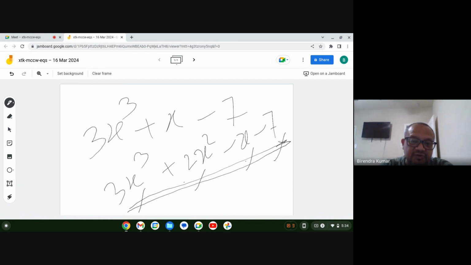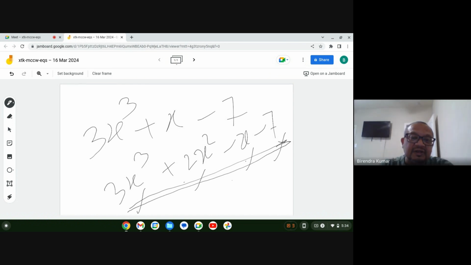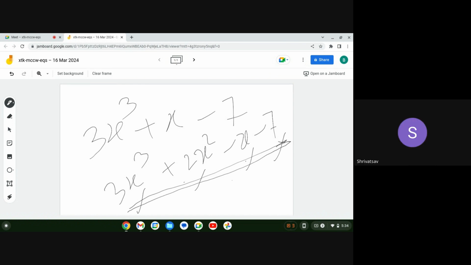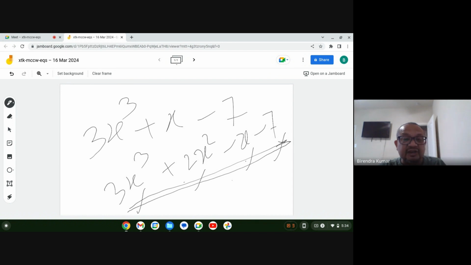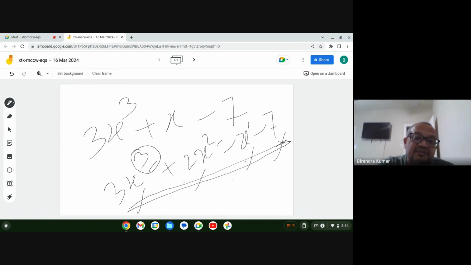What is the degree of this one? It is 3, because you have only one variable, x. Here the power is 1, here 2, here 3. You pick the maximum power, so the degree of this polynomial expression is 3.